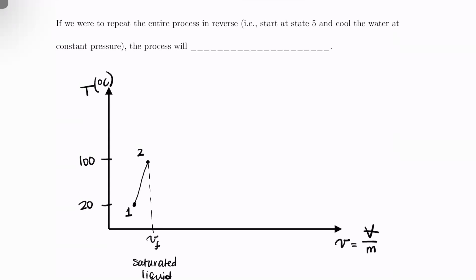And then our temperature stayed the same while our specific volume increased. This happened a couple of times. So we went from 2 to 3, and this is our saturated liquid vapor mixture.